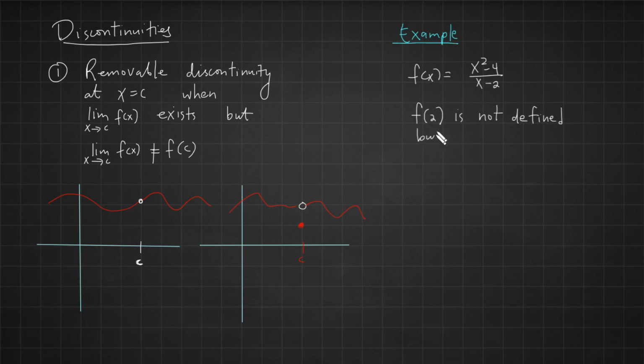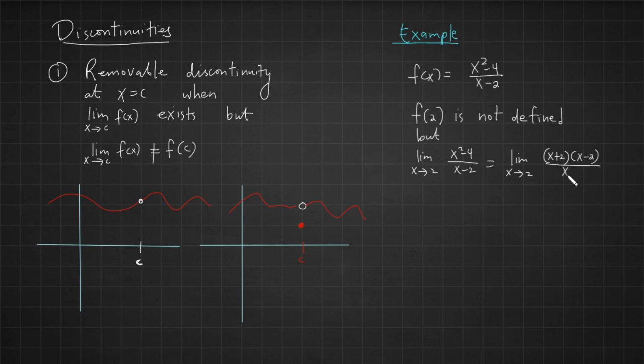Okay, but yung limit as x approaches 2 ng function natin na x squared minus 4 over x minus 2 is equal to, how do we evaluate this limit? First, let's factor out the numerator. It's x plus 2 times x minus 2.